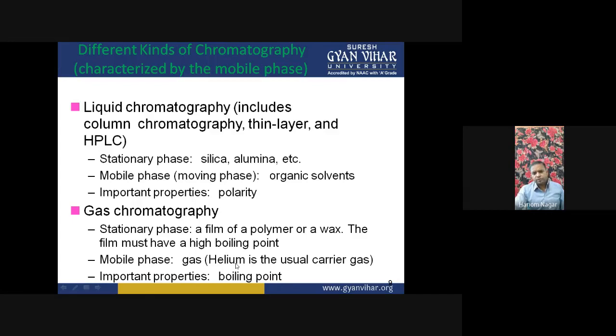We can also use hydrogen, nitrogen, etc. as carrier gas for the mobile phase. The important property is the boiling point. The components have different boiling points, so their volatility is different. So they are distributed in the liquid and vapor phases to different extents.